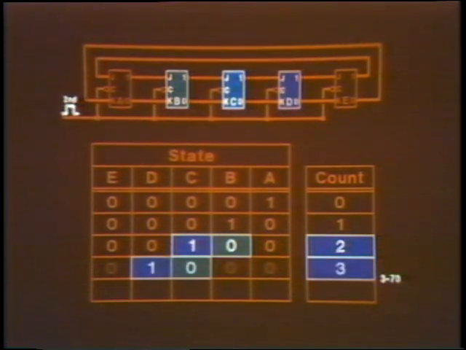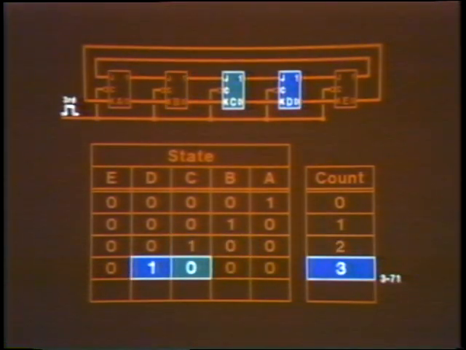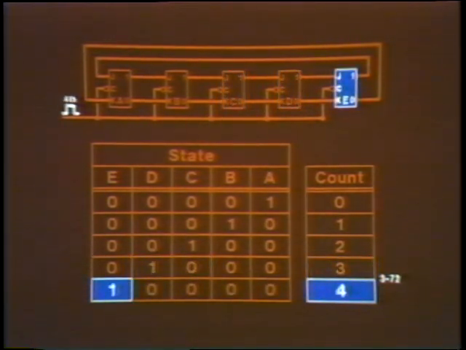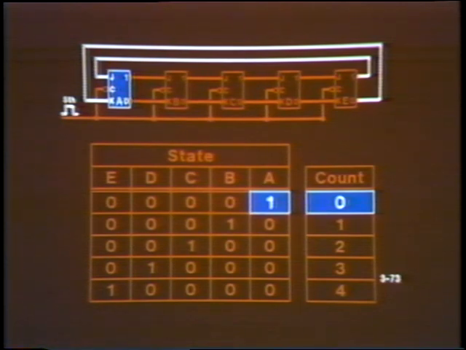Likewise, after the third clock pulse, D will be set and C reset. After the fourth clock pulse, E will be the only flip-flop which is 1. And after the fifth clock pulse, A will again be set, while all the other flip-flops will be clear.